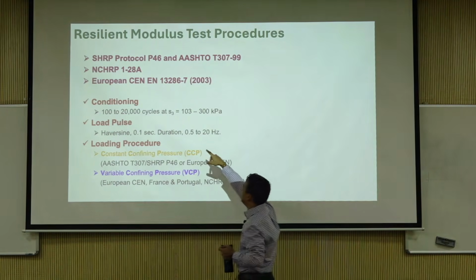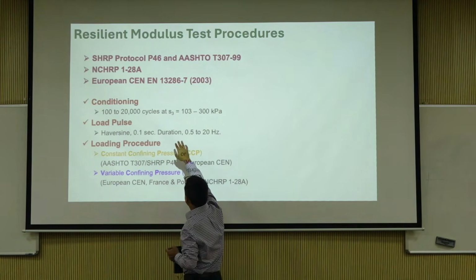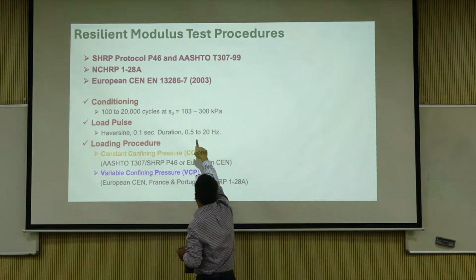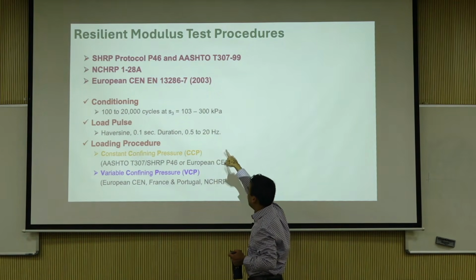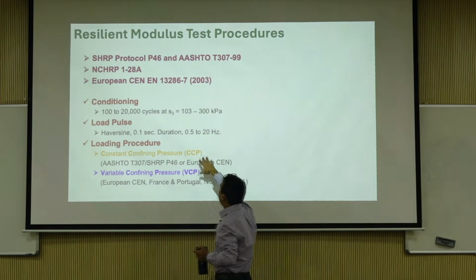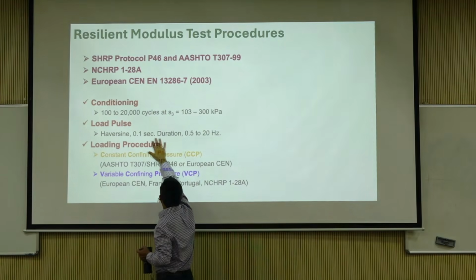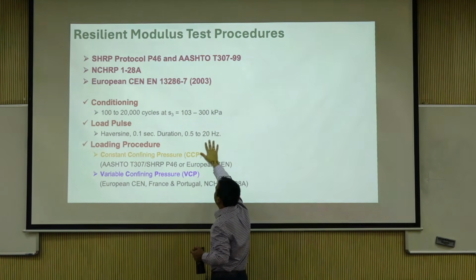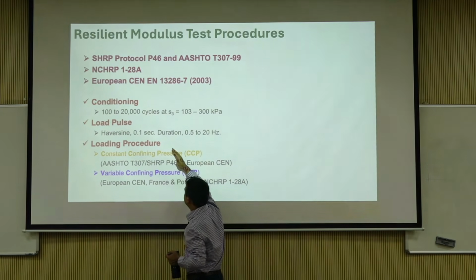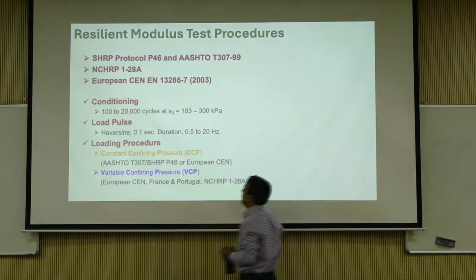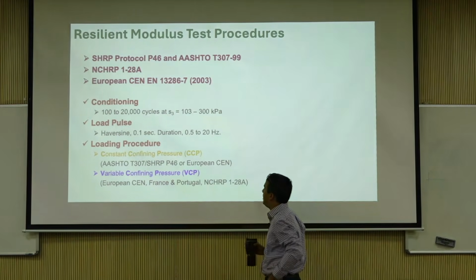So that is the reason for the sigma 3 values. We'll talk about it at 15 psi or 103 kPa. Sometimes, depending on other methods, it can go up to 300 kPa. Load pulse 0.1 second duration. People talk about 0.5 to 20 hertz. Again, that depends on the relative difference between rest period and loading period.